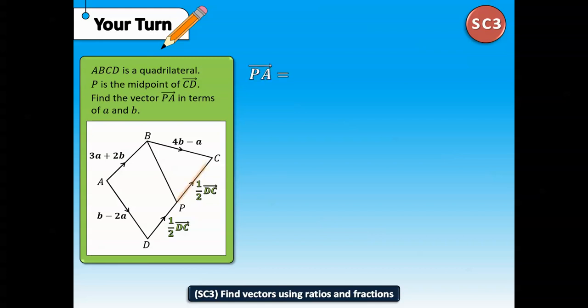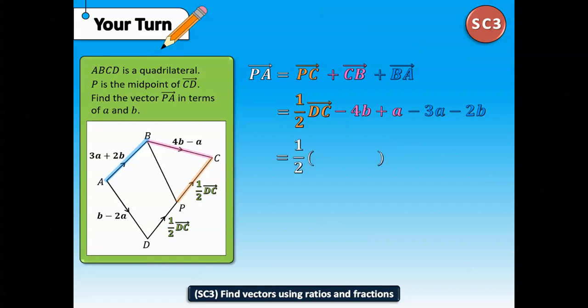So to go from P to A, we go from P to C, then from C to B, then from B to A. So PC is a half of DC, CB is minus 4B plus A, and BA is minus 3A minus 2B.